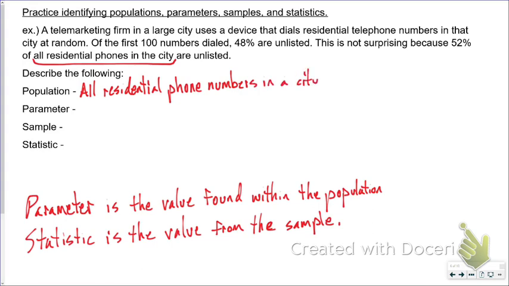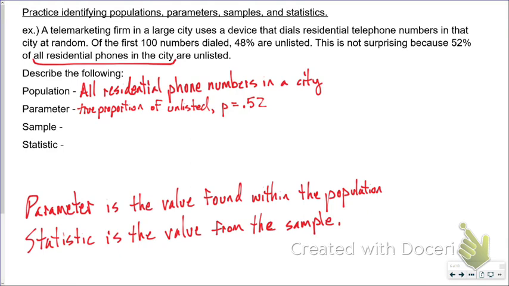So that's the group we're interested in, but the parameter, this is the true proportion of unlisted. So two different things that we're looking at here. They're kind of all in one, and we'll look at this in different ways over the next month or so, but this is P equal to 0.52.